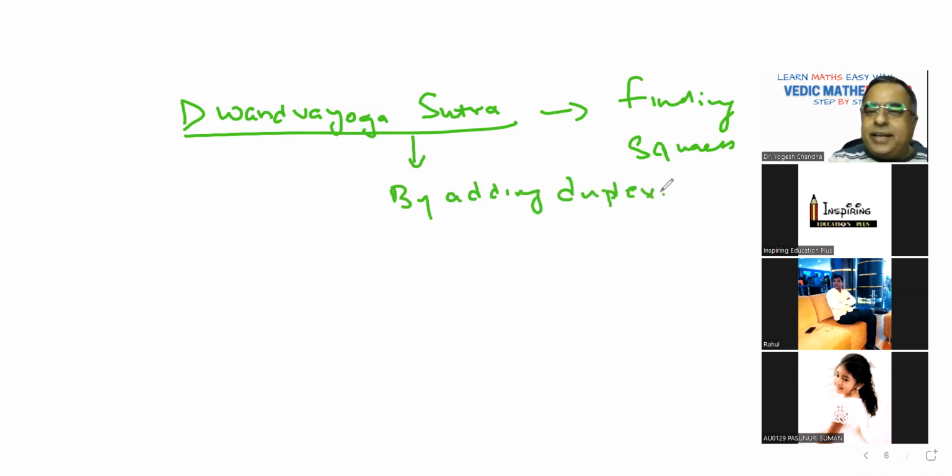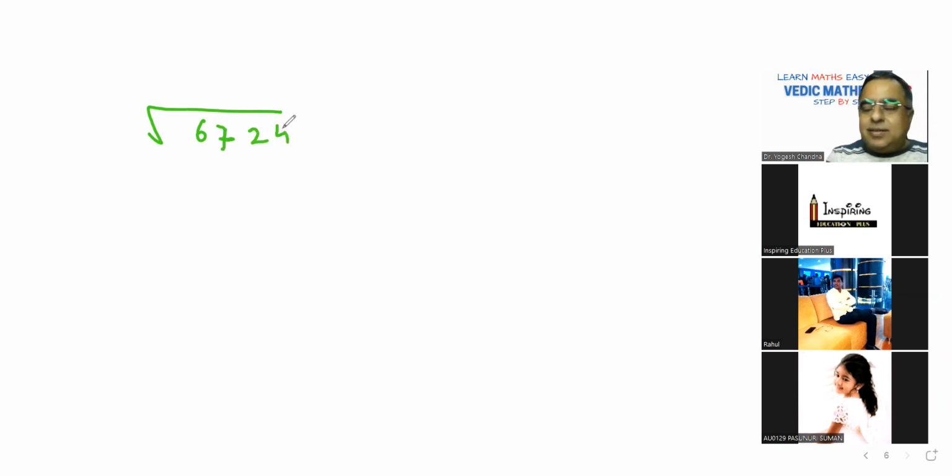We did this to find squares, and now we'll use this technique to find square roots. Let's take a simple example first: 6724. Again, we'll solve the same first exercise with this. If it is a perfect square, solve by all three methods. If it is non-perfect, then also you have three different methods. If it is a smaller number you can use all, otherwise two methods are left.